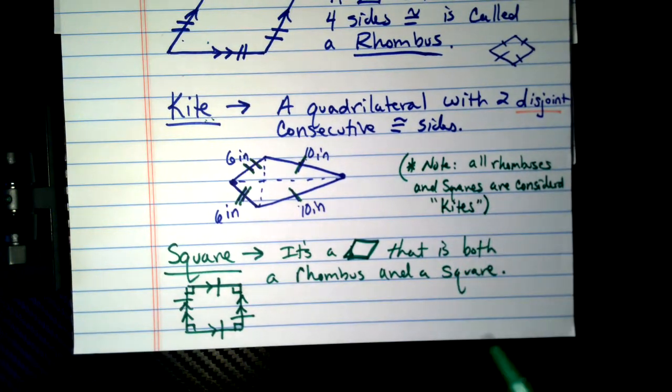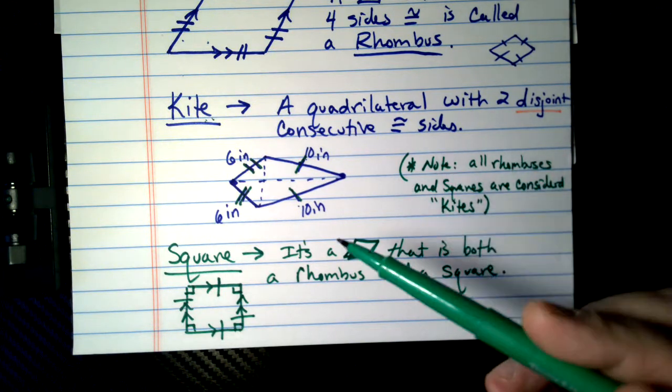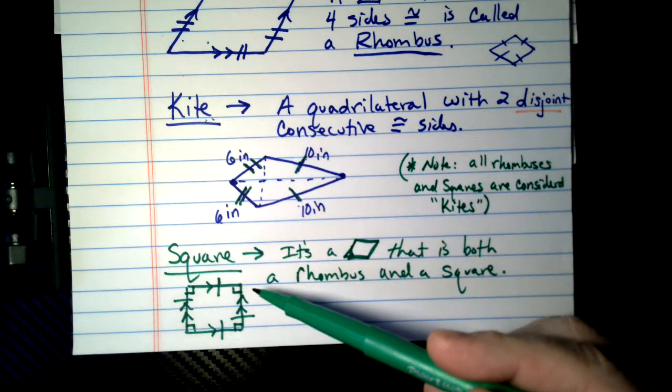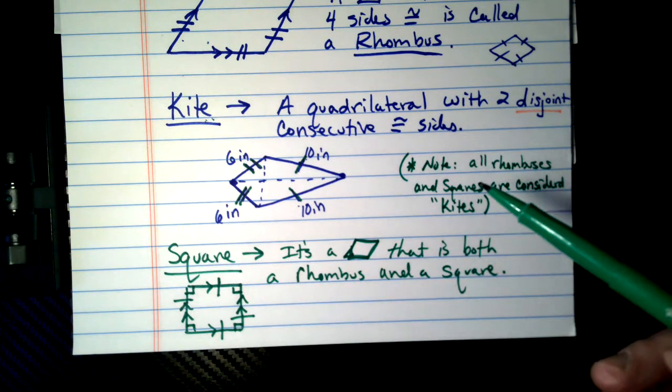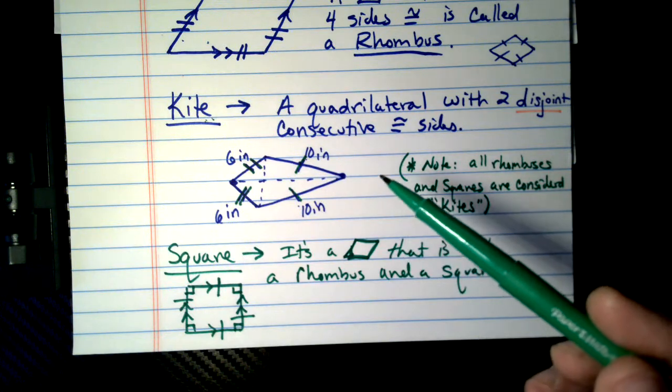So the only time that can be a little bit confusing is if they ask, always, sometimes, never, a kite is a square. Sometimes it is. Always, sometimes, never, a square is a kite. And the answer is actually always.